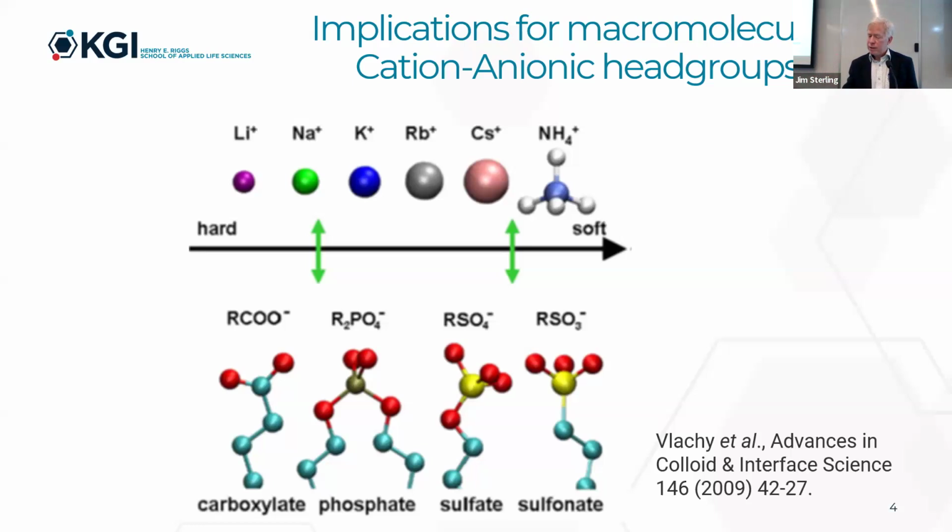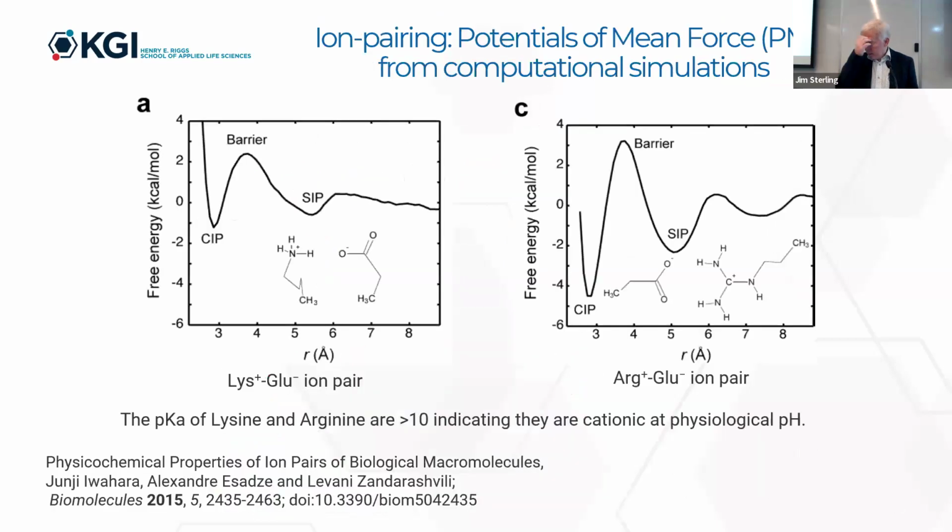So especially if these charged groups are on macromolecules, then as they're being neutralized, you're going to squeeze out some water. So there's a kind of dehydration event that happens as these are electrostatically attracted to each other. These are diagrams showing, as you move these ions together, the distance between them.